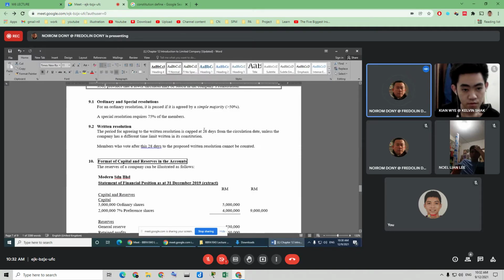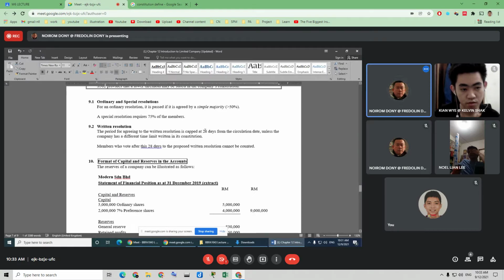Other companies can have more or fewer than 28 days if they have stated it in the Constitution. If not, they have to follow this general cap of 28 days stated in the Act.